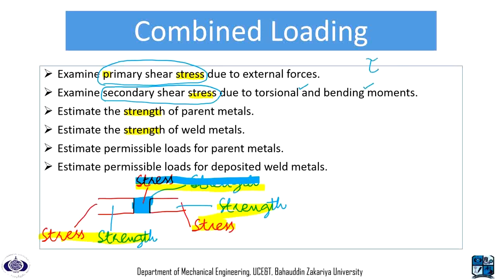The formula for primary shear is equal to F over A, whereas the formula for a secondary shear can either be Mr over J in case of torsional load, or it can be Mc over I in case of bending load. Now, mostly students feel difficulty in finding the difference between a torsional load and a bending load. We are going to discuss that in the coming slides.